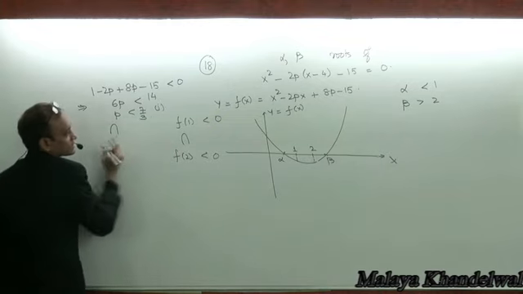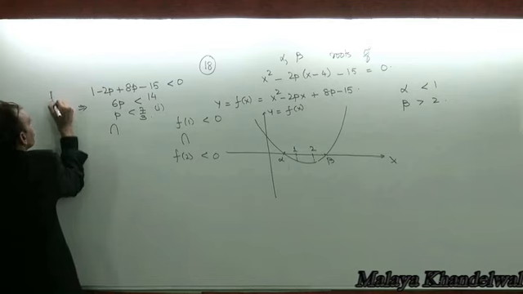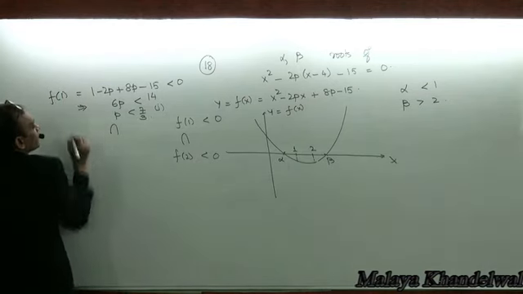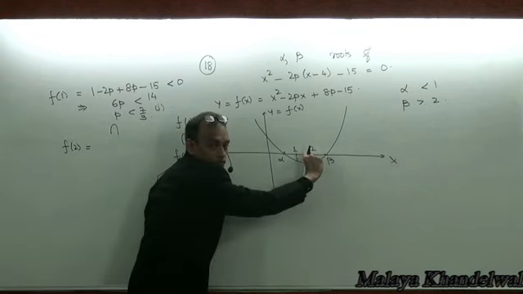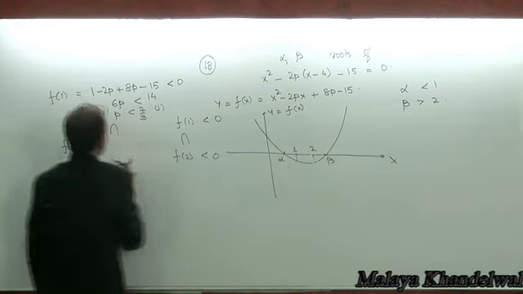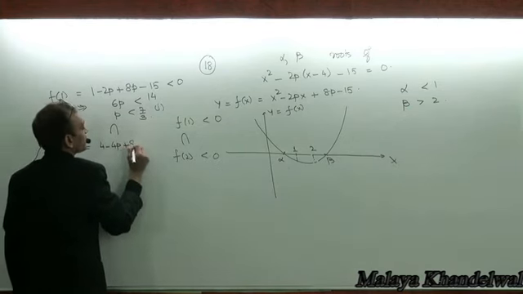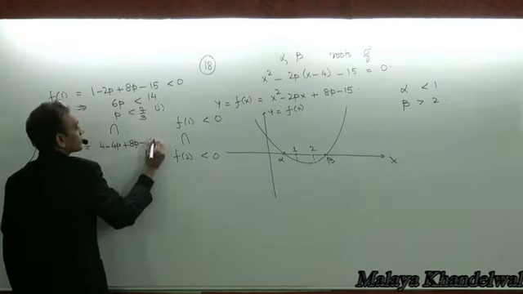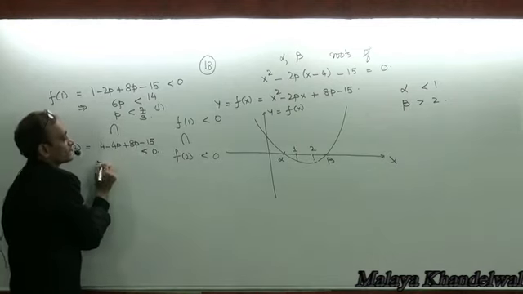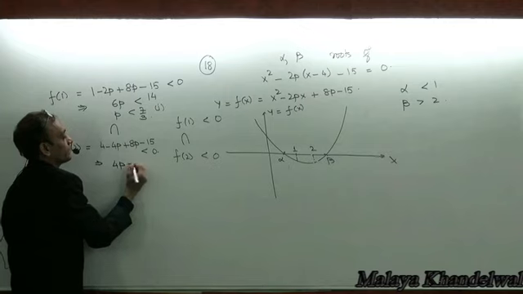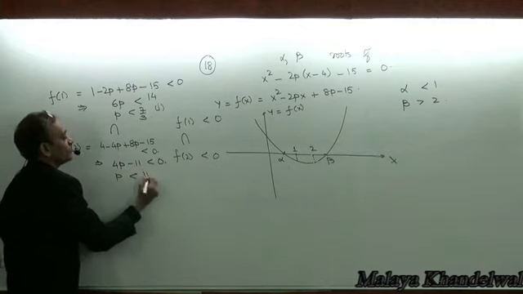Put x equal to 2 here. f(2) is 4 minus 4p plus 8p minus 15. That must be less than 0, right? So that gives me 4p minus 11 less than 0, or p less than 11 by 4.